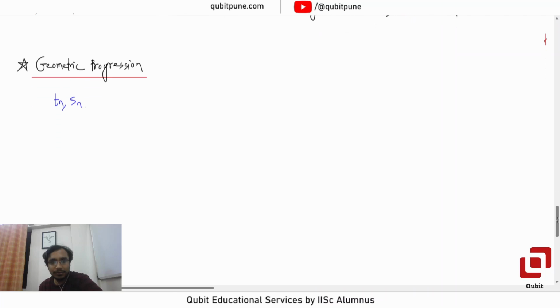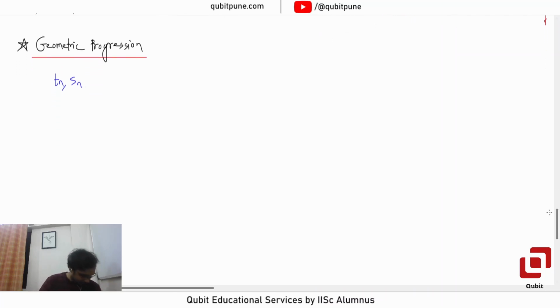Now let us go to geometric progression. In GP also 2 parameters are required. 2 independent parameters completely describe the geometric progression. Among them, the first parameter is the first term, and the second parameter is called R, which is the common ratio.